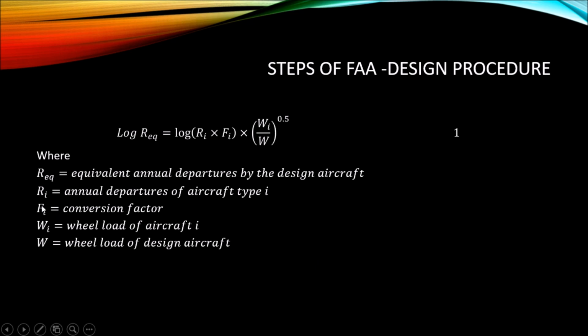F_i is the conversion factor. It will be given. Then W_i is the wheel load of aircraft type i, which is any of the other aircraft apart from the design aircraft. And capital W is the wheel load of the design aircraft.